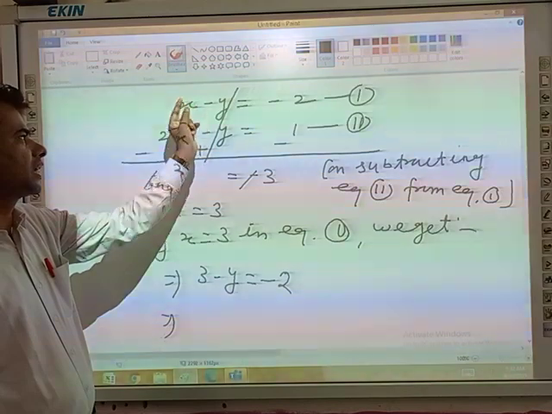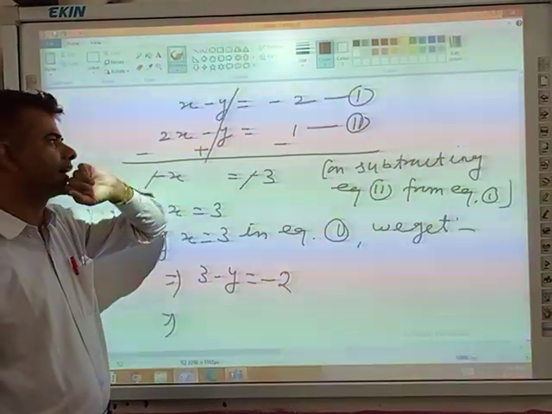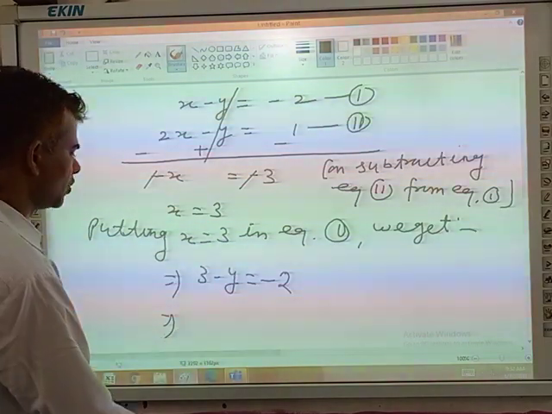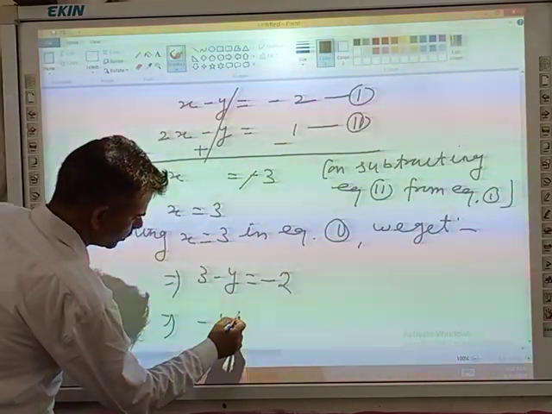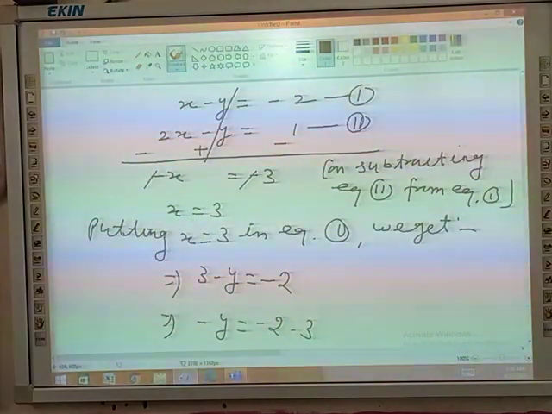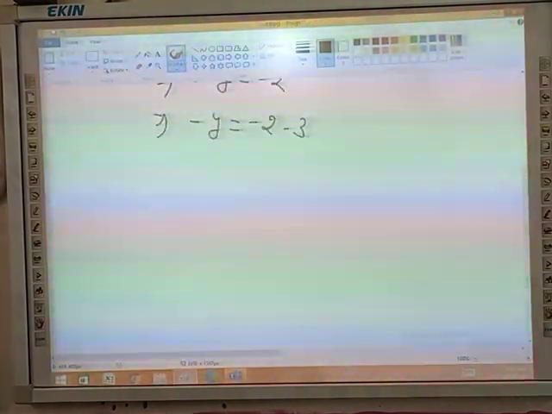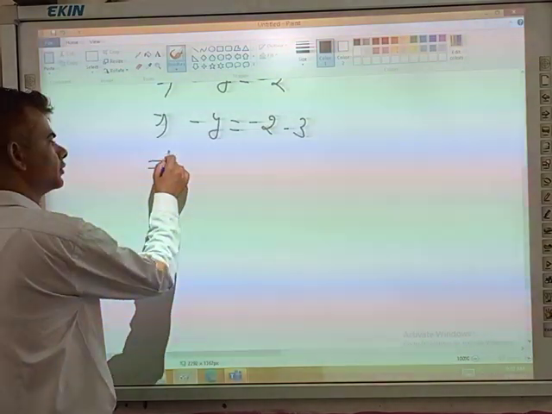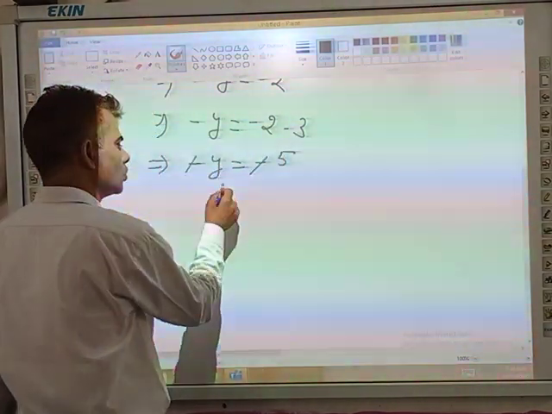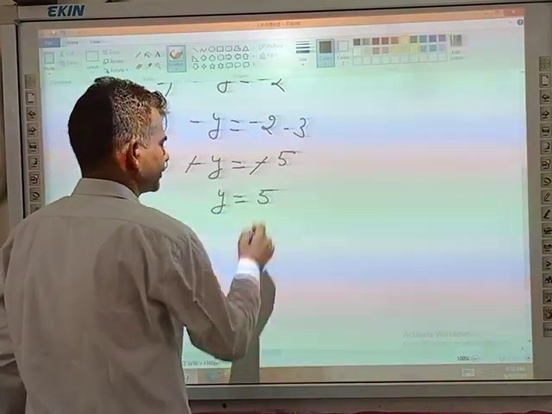Here equation first is x minus y is equal to minus 2. Replace x with 3. 3 minus y is equal to minus 2. That is minus y equals minus 2 minus 3. Now students, minus y is minus 5. y is equal to 5.